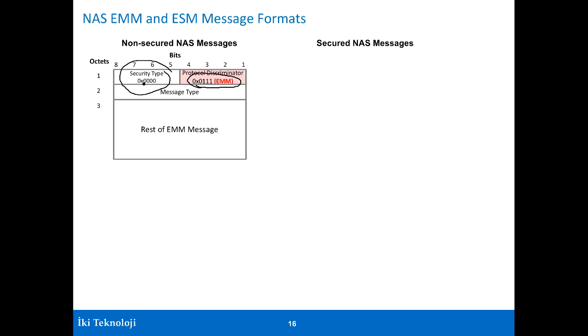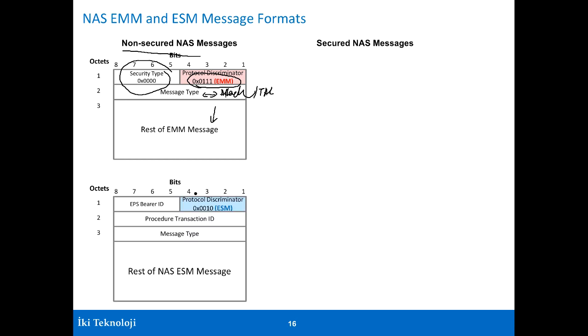So the first 4 bits are security type, the next is EMM, and then the message type. What exactly this is, an attach request or attach response or a TAU request or whatever, is the message type, and then the rest of the message. So this is the format for a non-secured EMM message.